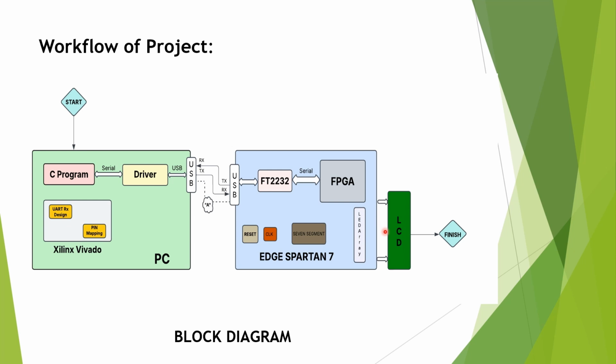Now the last step is displaying the data or character on the LCD. After processing, the received data is sent for LCD display. The LCD is connected to the FPGA board. Here the FPGA board is Spartan 7. It displays the received character in real time. So this ensures successful data transmission and reception.